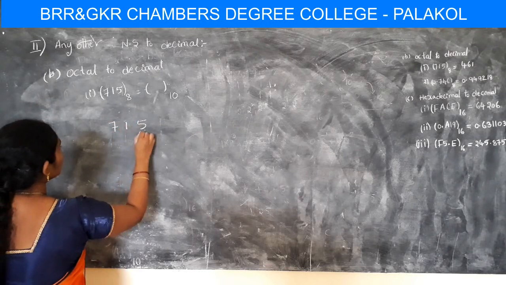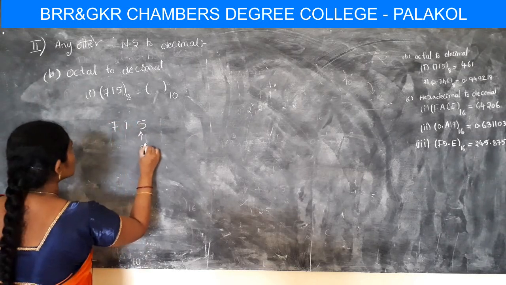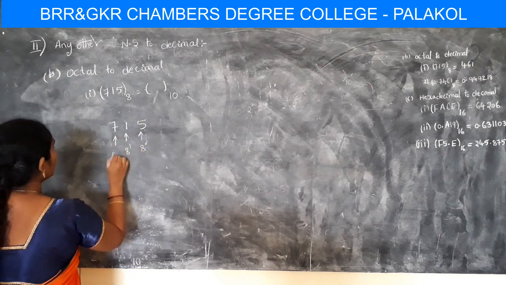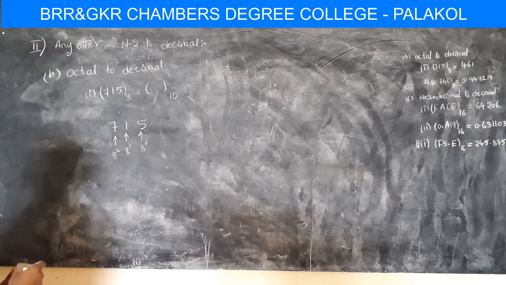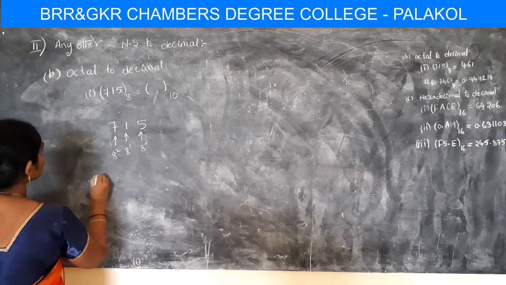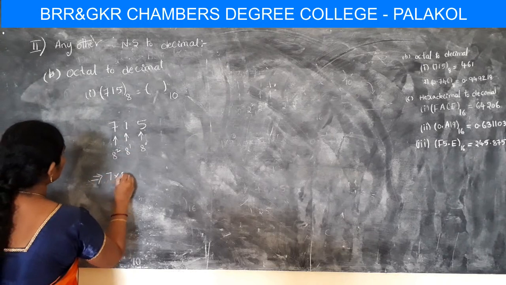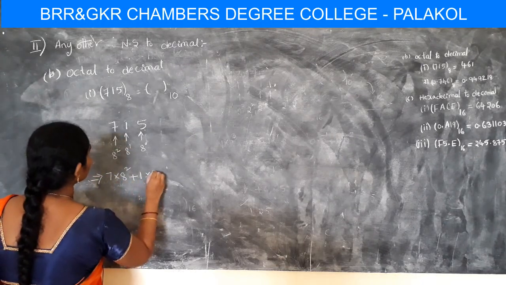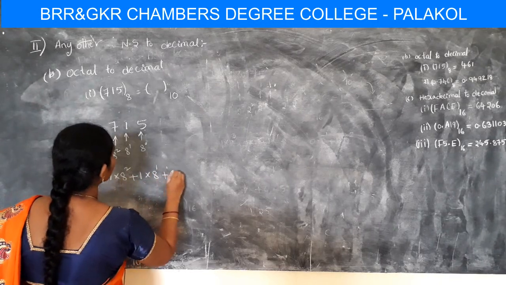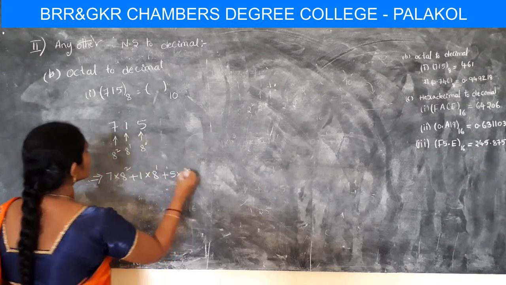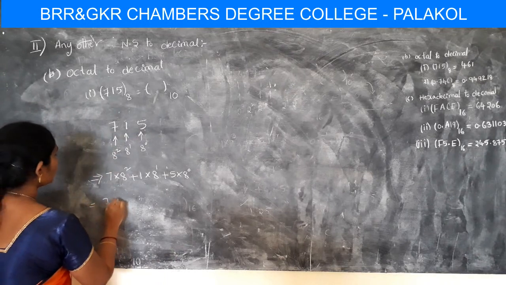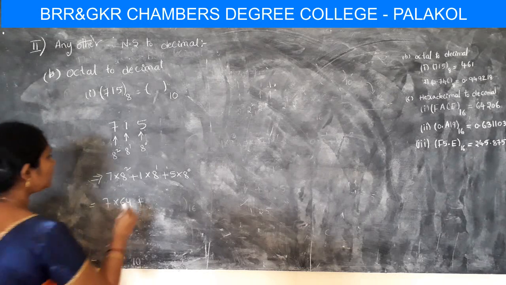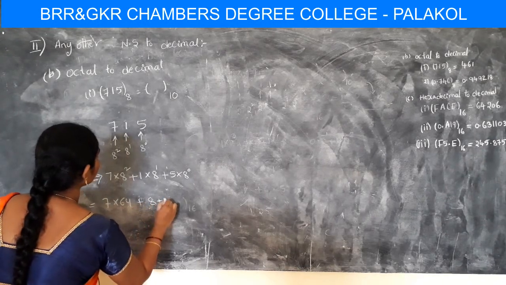715. So here this is 8 power 0, 8 power 1 and 8 power 2. And how to write this number? That is 7 into 8 square plus 1 into 8 power 1 plus 5 into 8 power 0. So this is 7 into 64 plus 8 power 1 is 8 plus 5.